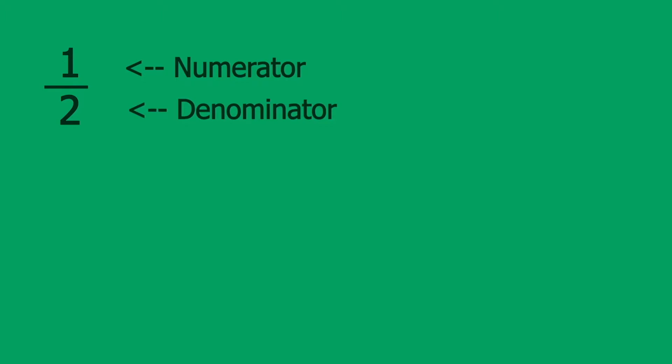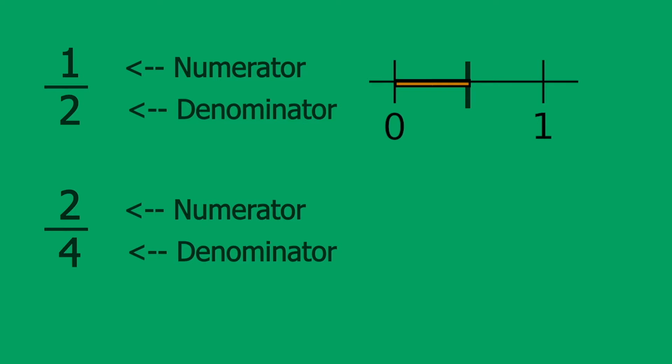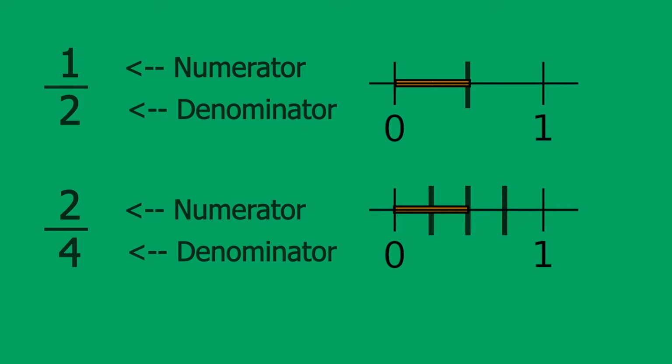So here's the trick. Here we have 1/2. Remember, with 1/2 we take a unit, break it into 2 equal segments, and we only want one of them. Here we have 2/4. We're going to get the same unit, because the unit is always the same. We break it into 4 equal segments, and we get 2. Guess what? The length of 1/2 and the length of 2/4 are actually the same.